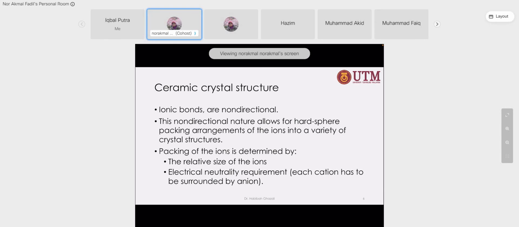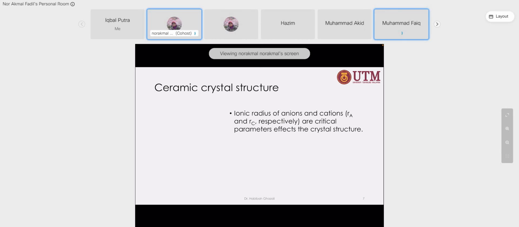Each cation has to be surrounded by anions. So the ionic radius of anion and the cation, represented by Ra, radius of anion, and Rc, radius of cation, are critical parameters which affect the crystal structure.